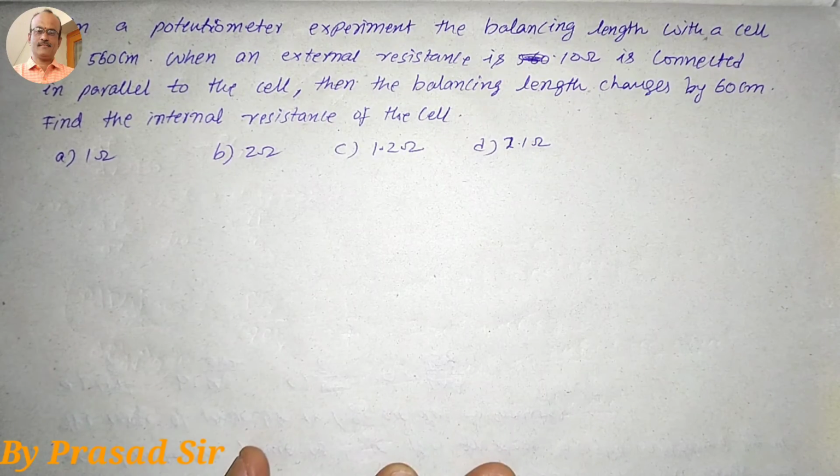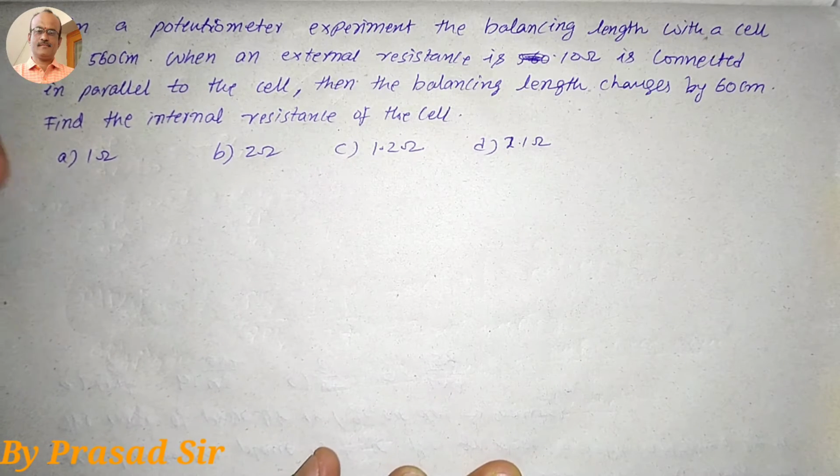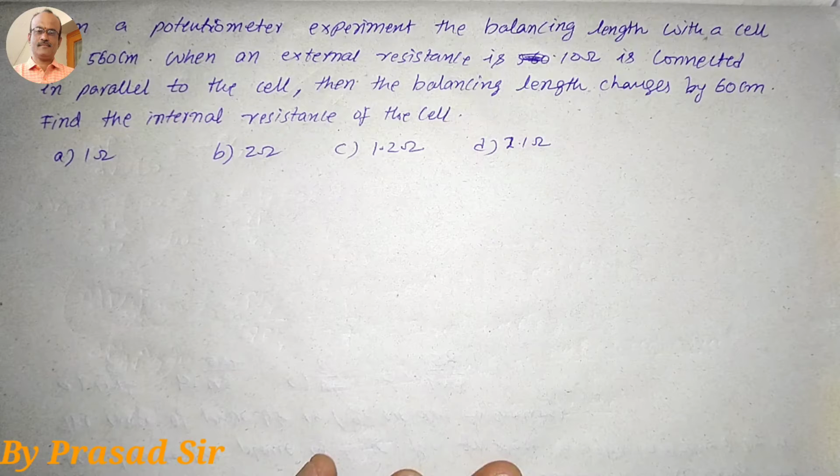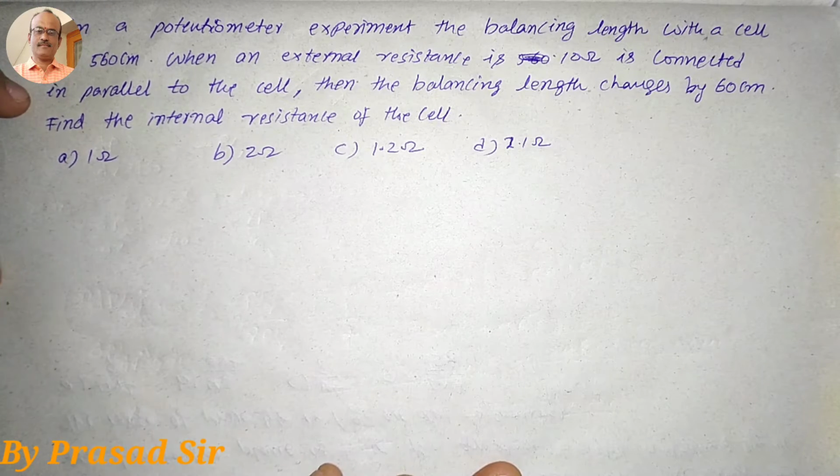Now the question number 39. In a potentiometer experiment, the balancing length with a cell is 560 centimeters. When an external resistance of 10 ohms is connected in parallel to the cell, the balancing length changes by 60 centimeters. Find the internal resistance of the cell.